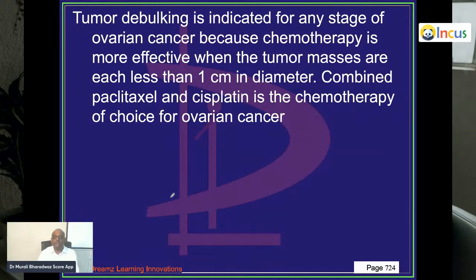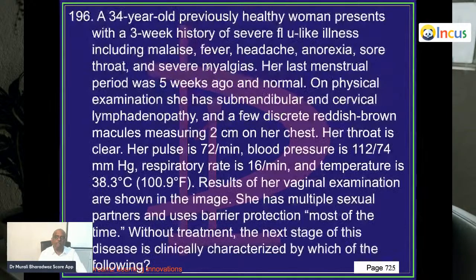Right? Between chemotherapy and surgery, always the choice. Generally, chemotherapy in ovarian cancer is more effective when the tumor masses are less than 1 centimeter. More than that means you need to do tumor debulking, is what you need to remember, and post-operative chemotherapy.